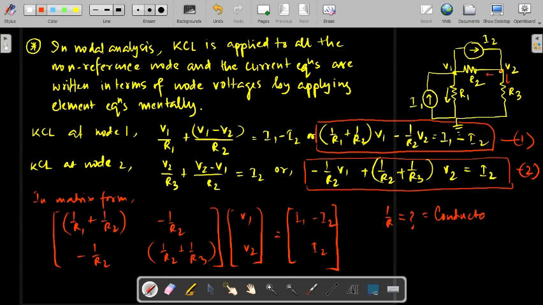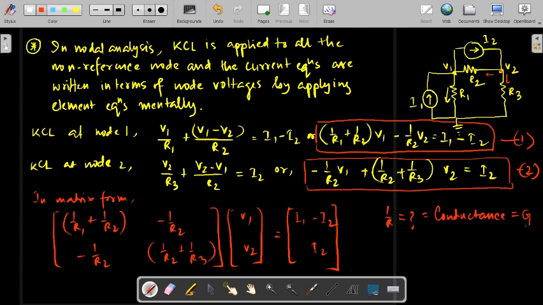And by which letter is conductance represented? Rho, sir? No. Sigma? Mu? No. 1 by rho? That is G over here.